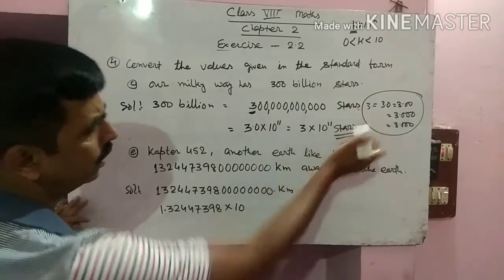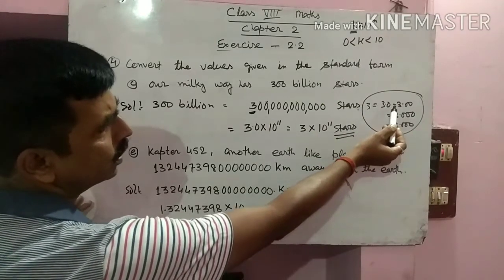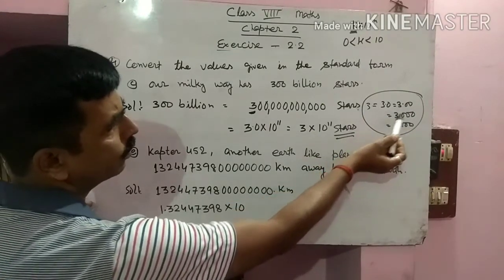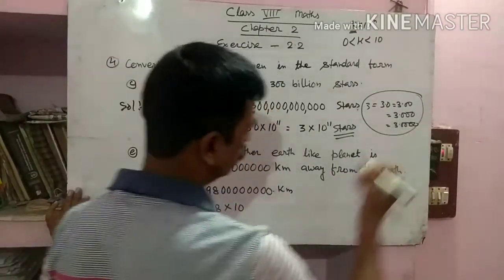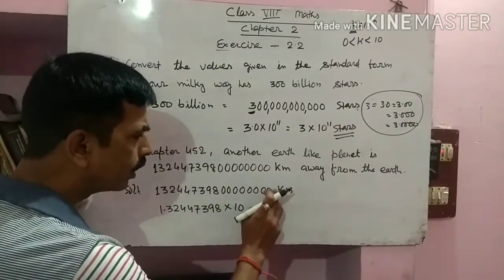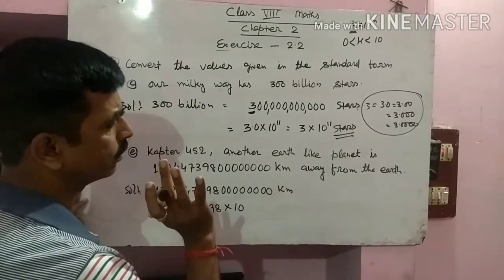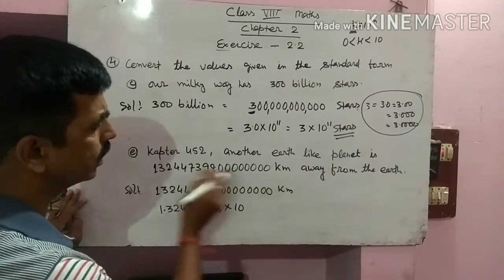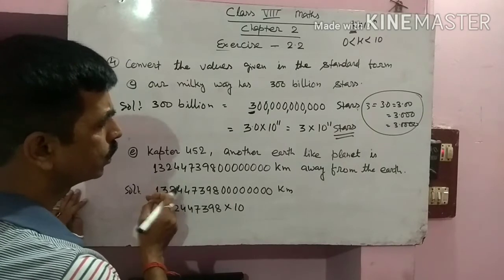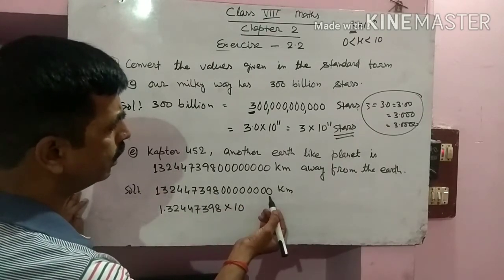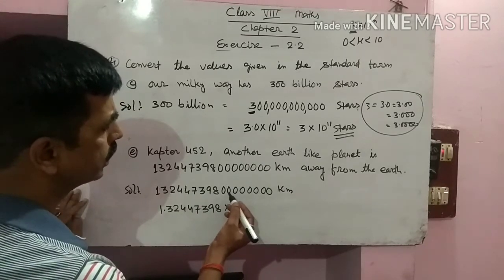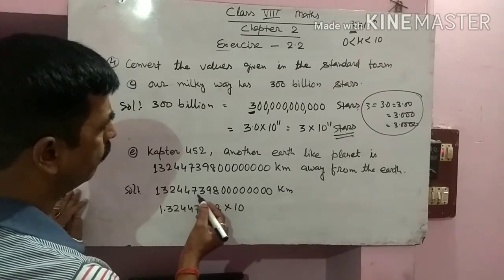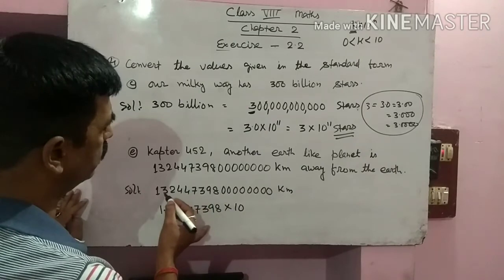As we discussed, 3 is equal to 3.0, 3.00, 3.000 and so on. If nothing is written, there is an implied decimal sign, which means we are shifting the decimal leftward. How many digits are we shifting the decimal? 1, 2, 3, 4, 5, 6, 7, 8, 9, 10, 11, 12, 13, 14, 15, 16.